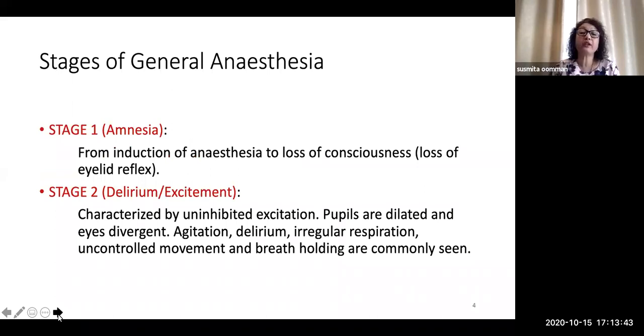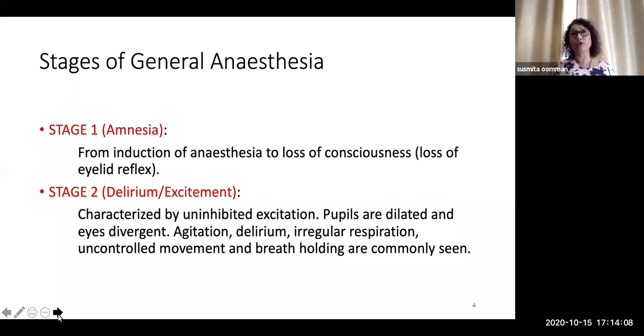So the patient goes through different stages as they transfer from an awake state to an anesthetized state. In stage one, we start administering the anesthesia through a face mask, almost like a net, a mesh through which we used to pour our anesthetic agents. I remember that is how I started my anesthetic training, but now those days are gone.